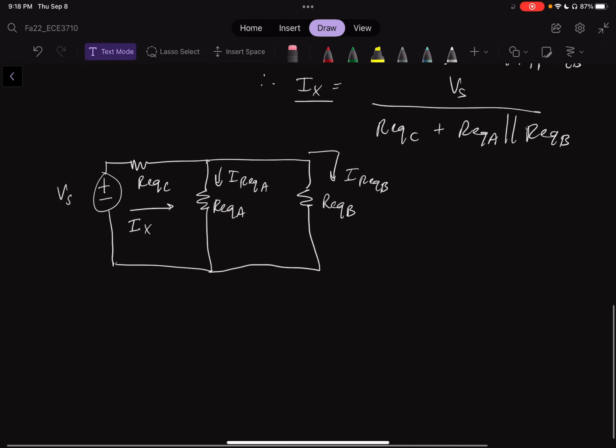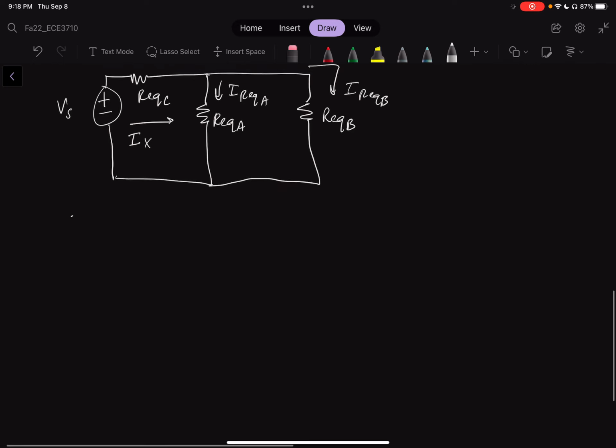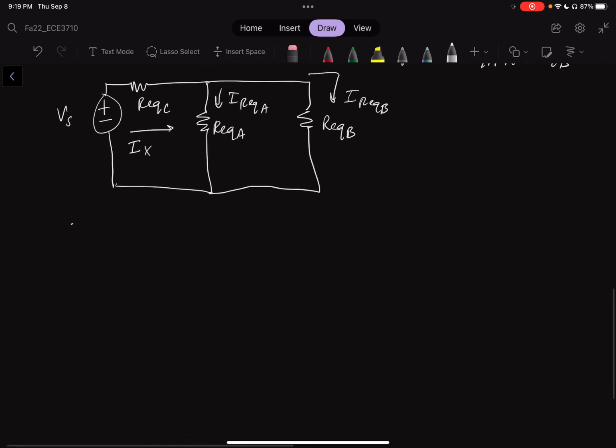So what we now have is I_R equivalent A is equal to what?